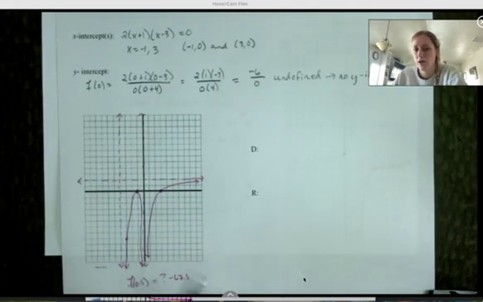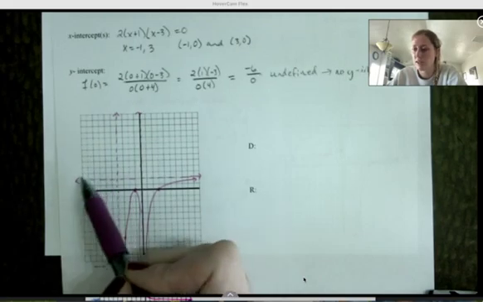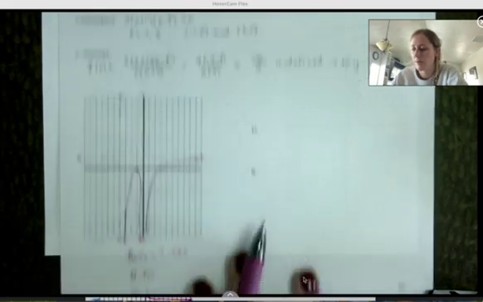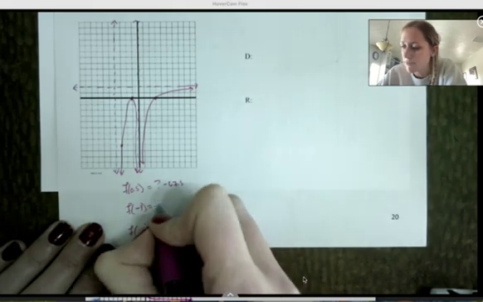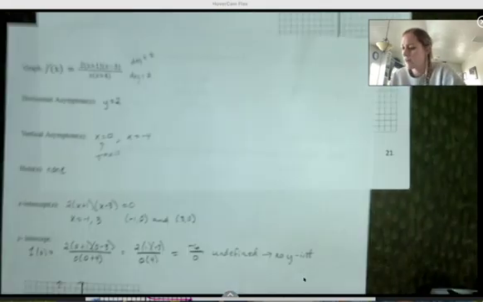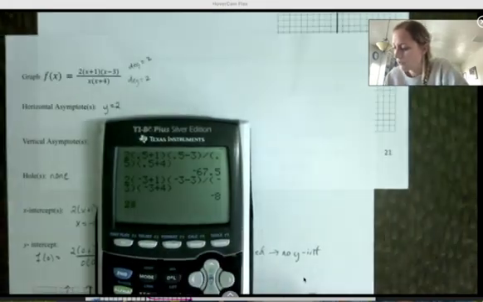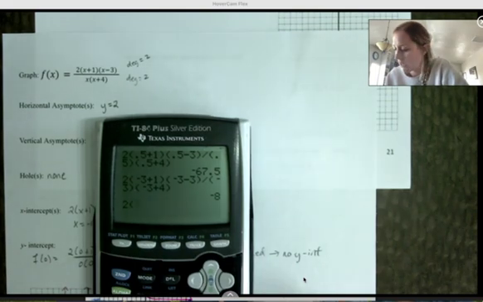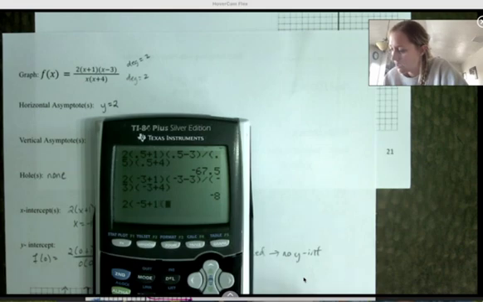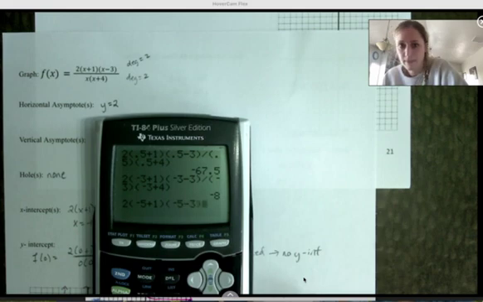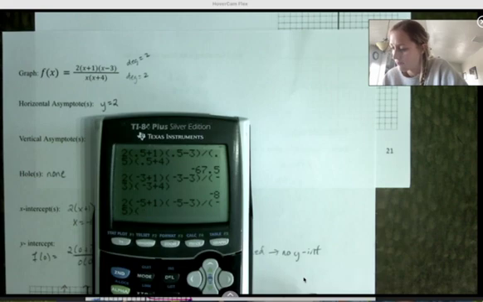Okay, so now I need to know what it's doing on the left. Is it going to be here or here? So now I'm going to do -5. So I'm putting in -5 for every single one. So we've got 2 times -5 plus 1 times -5 minus 3 divided by -5 times -5 plus 4.